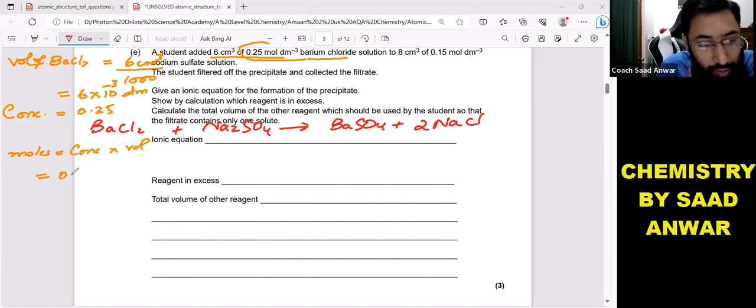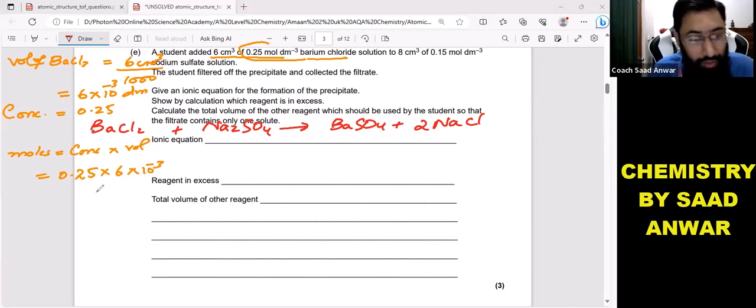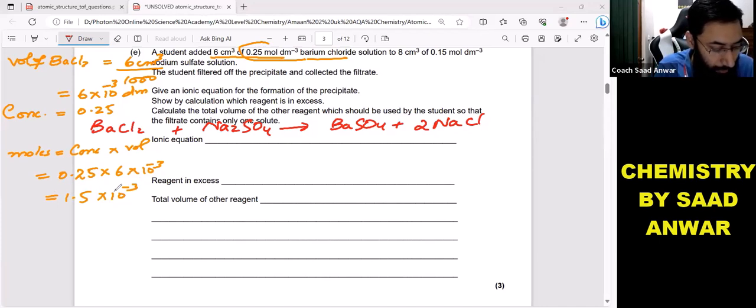So 0.25 times 6 into 10 raised to power minus 3 gives 1.5 into 10 raised to power minus 3 moles of barium chloride.